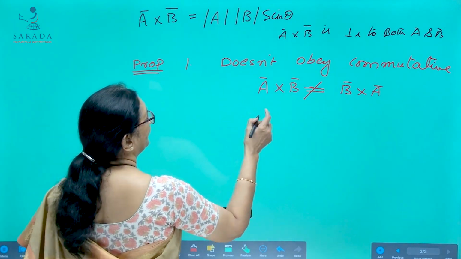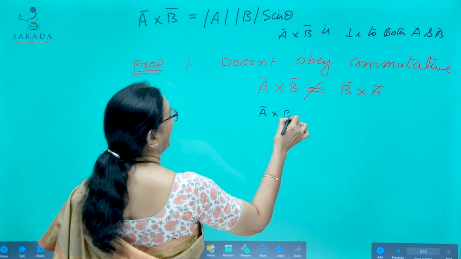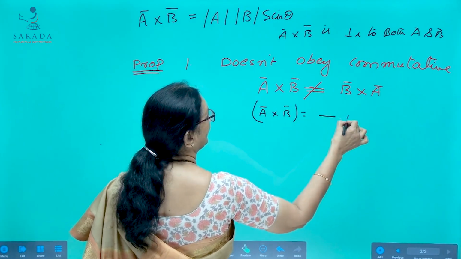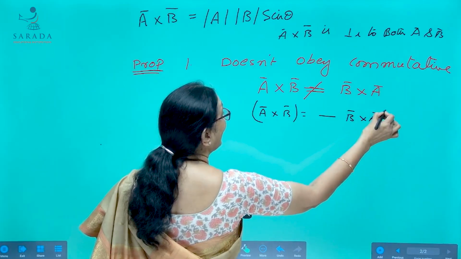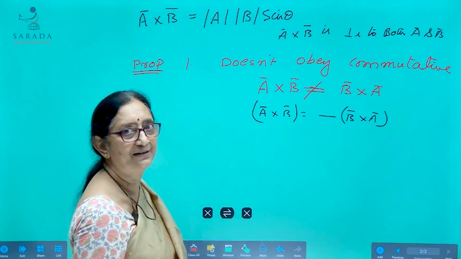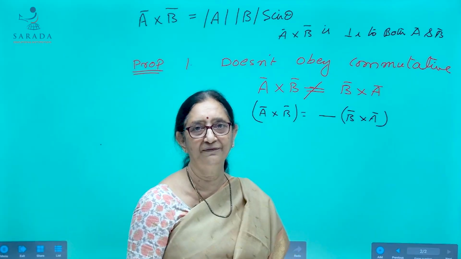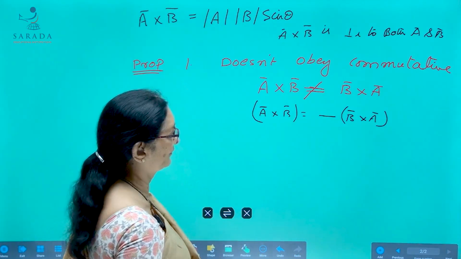Now, actually, A bar cross B bar is equal to minus B bar cross A bar. The direction gets reversed, but the magnitude remains the same if you change the order of multiplication in the case of the cross product.